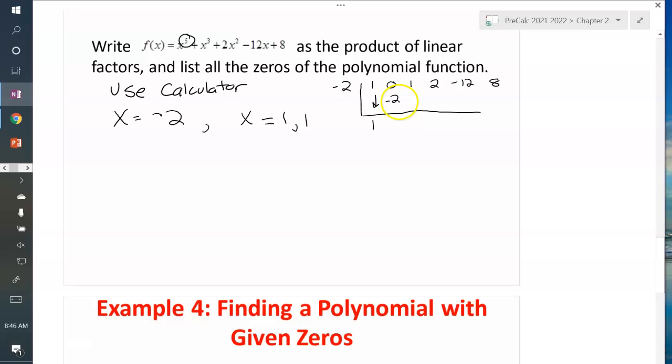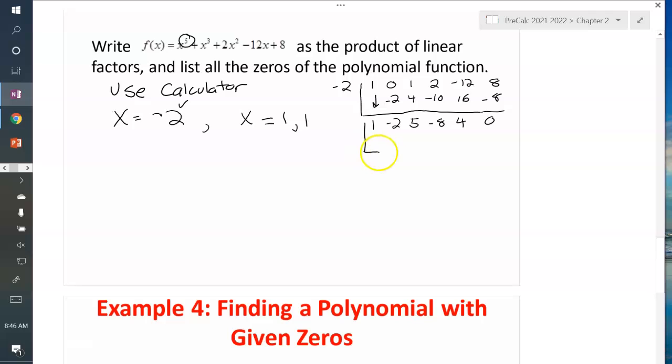So I get a -2, add -2. -2 times -2 is 4. Add that, I get a 5. 5 times -2 is -10. Add, I get a -8. -8 times -2 is 16. Add, I get a 4. 4 times -2 is -8. I get a 0. Okay, I've divided one of these out.